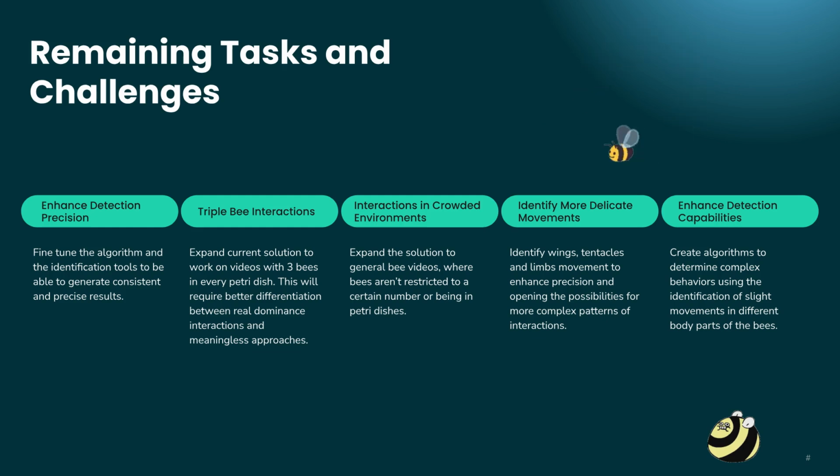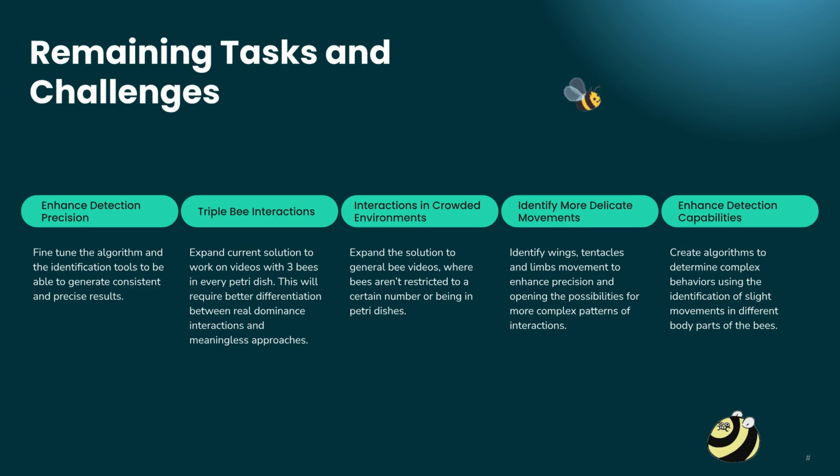In the future, we want to scale the system in different ways. This includes more petri dishes, more bees, and a wider range of behaviors. The big dream is to expand the solution to general bee videos, no number limitation and no petri dishes.